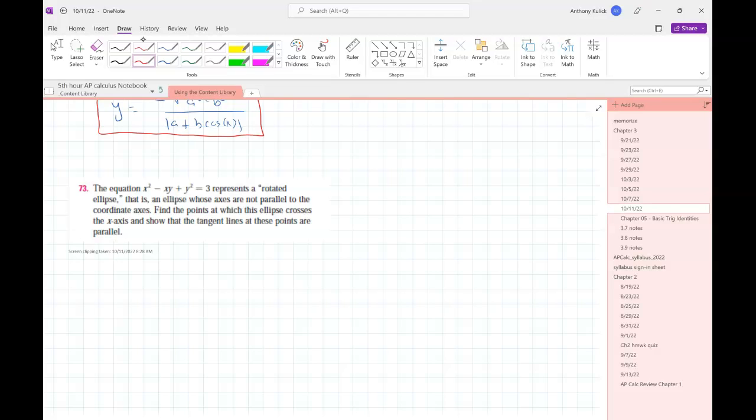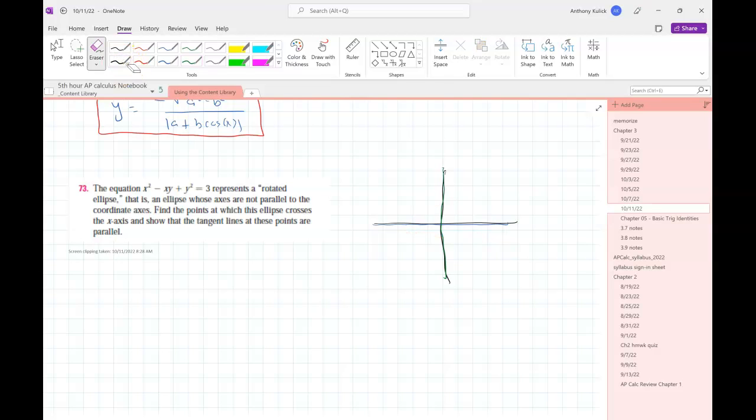Okay. So it says the equation, yada, yada, yada, represents a rotated ellipse. That is an ellipse whose axes are not parallel to the coordinate axes. So normally when you have an ellipse, you're going to have something like this, where the axes of the ellipse, this midline and this midline, are parallel to the coordinate axes.